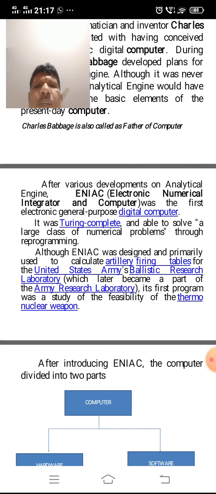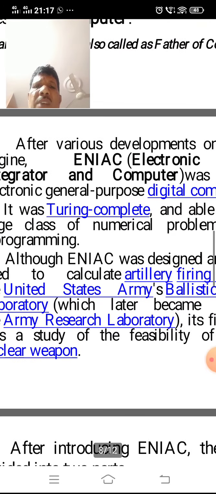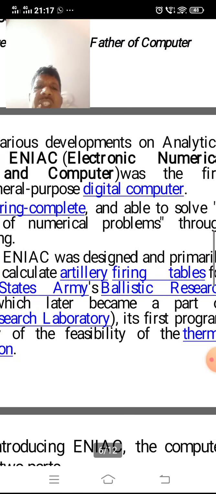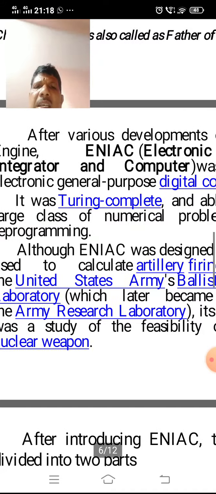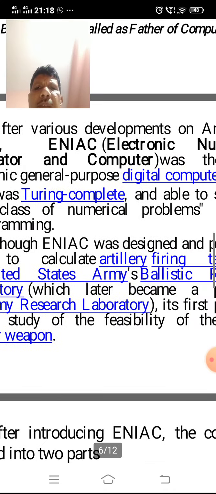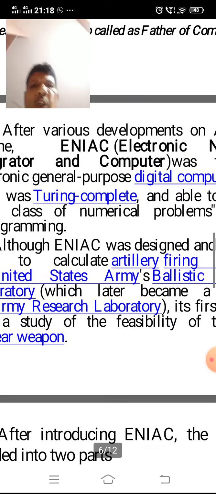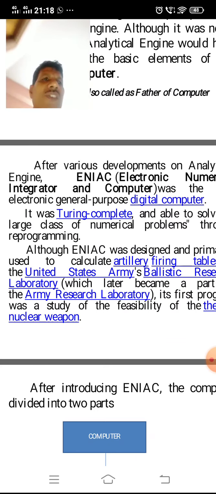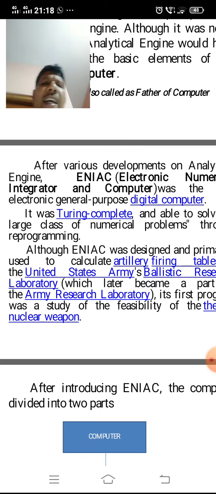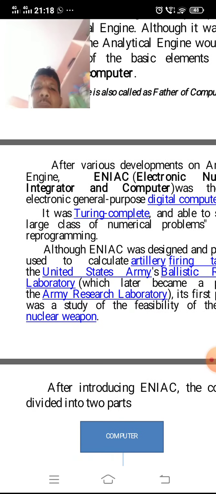Although ENIAC was designed and primarily used to calculate artillery firing tables for the United States Army's Ballistic Research Laboratory, which later became a part of the Army Research Laboratory, its first program was a study of the feasibility of the thermonuclear weapon. So the first electronic machine is the ENIAC, built for the Army's research laboratory to find the feasibility of the thermonuclear weapon.